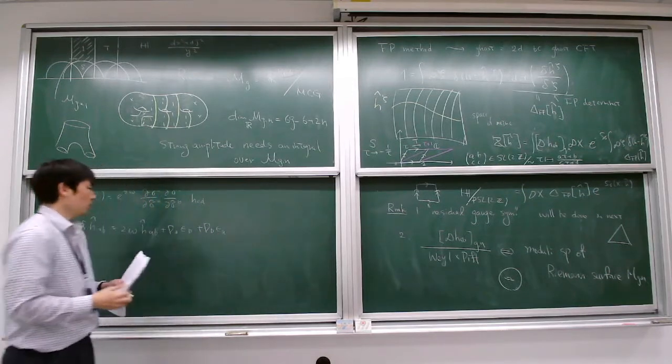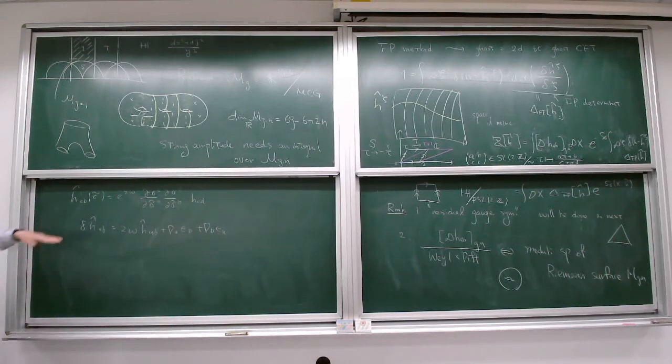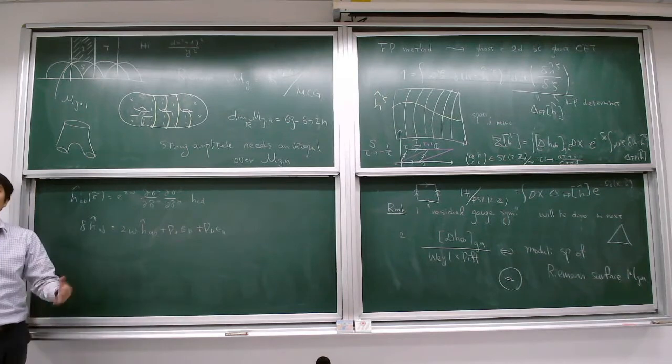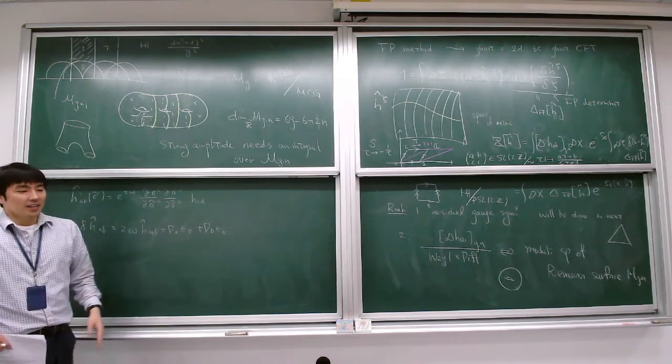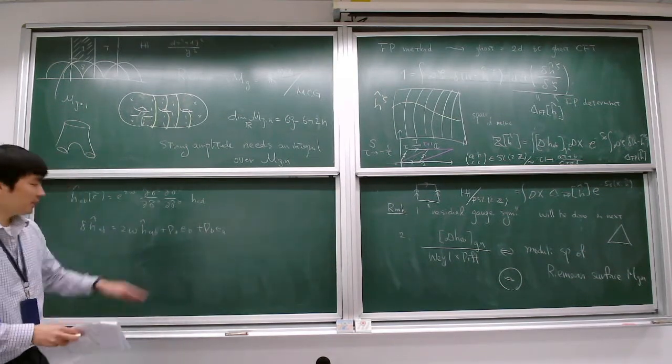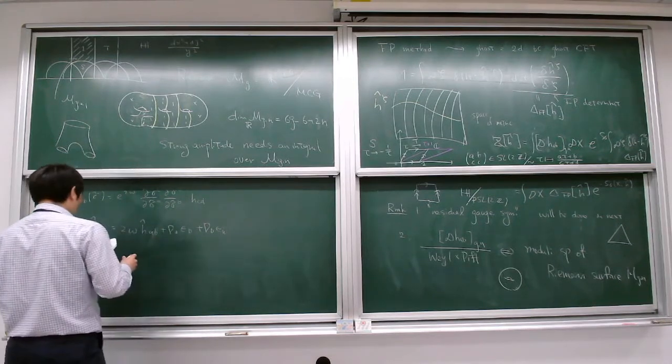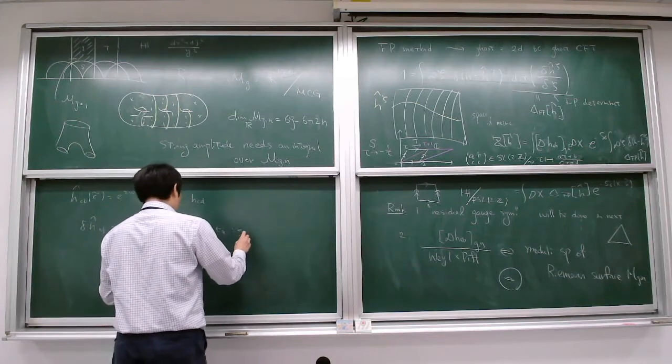So this first term comes from the Weyl symmetry. The second term comes from the conformal transformation, not the conformal diffeomorphism. Anyway, if this is zero, it becomes a conformal Killing vector and so on. But anyway, define the following.